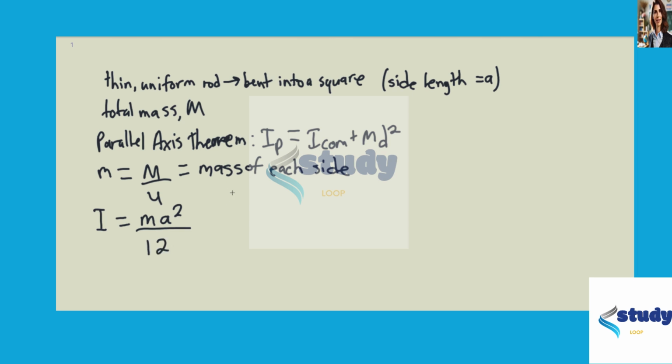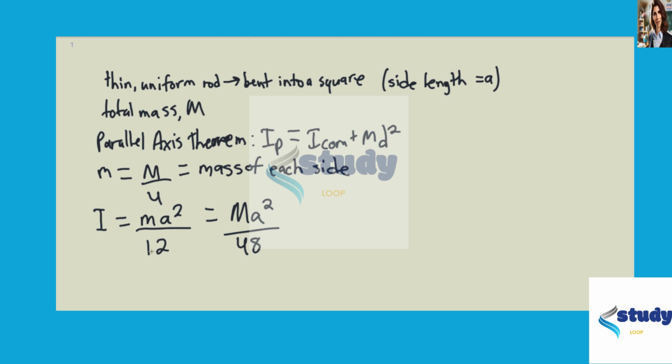Because again, ma squared over 12 is simply the formula for the moment of inertia of a slender rod, where the axis is passing through the center of the side of the square, through the center of the rod. So this again will be capital M a squared over 48, because after we substitute m equals capital M over 4, this becomes Ma squared over 48.